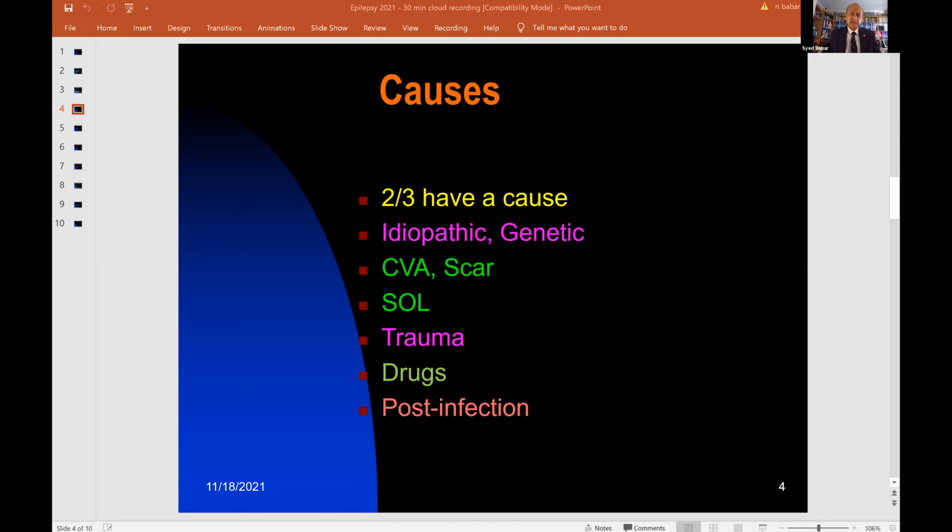Space-occupying lesions, mainly cerebral tumors in any part of the brain, can provoke a seizure because of increased intracranial pressure, hydrocephalus, displacement of the midline, producing compression effect in a tight confined space.